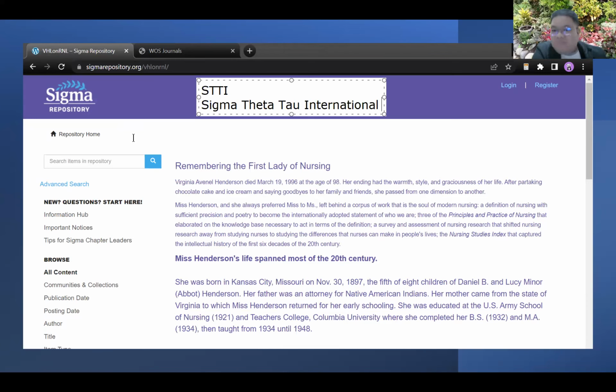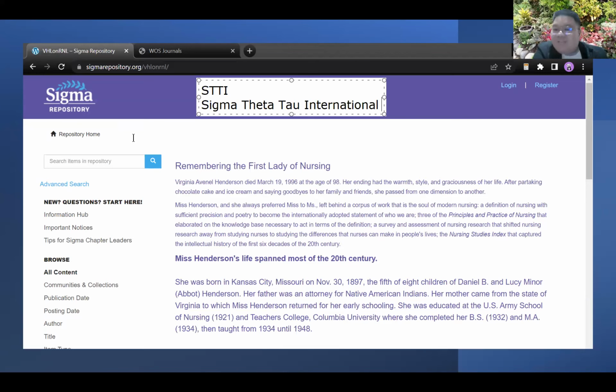Yes, you can all be members of STTI. By the time that you graduate, and by the time that you conduct a research, or have a leadership position, you can apply to be a member of Sigma Theta Tau International. Among our co-members there, for example, we have Jean Watson. Are you familiar with Jean Watson?